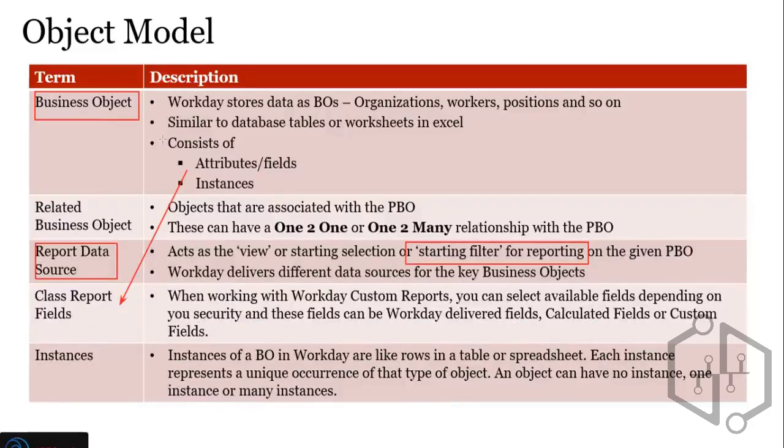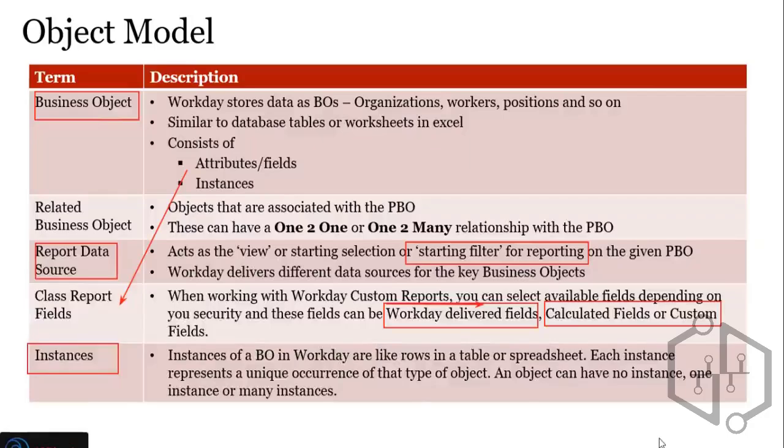So each business object is a collection of fields. Workday has given us a lot of delivered fields, but then we can also create our own custom fields or calculated fields, right? And then we have also spoken about instances.